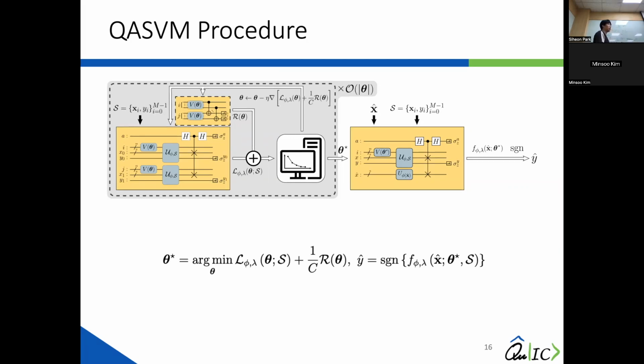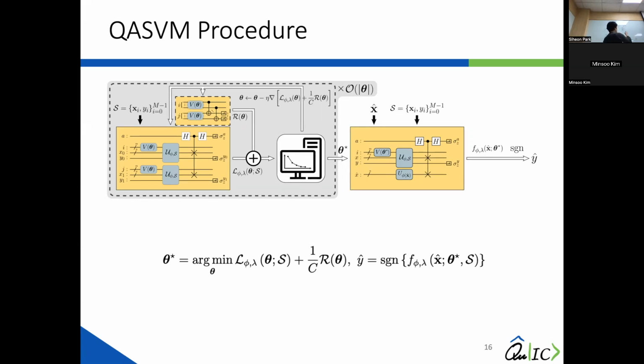Because I'm using amplitude encoding here. For this V, since we have no prior information, it's typical to use a hardware efficient ansatz, which is a circuit with an entangler, and we repeat this layer many times.